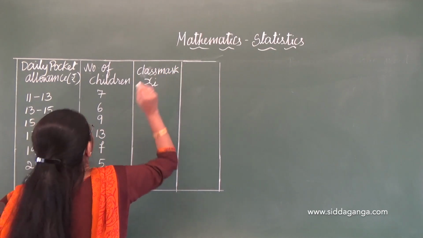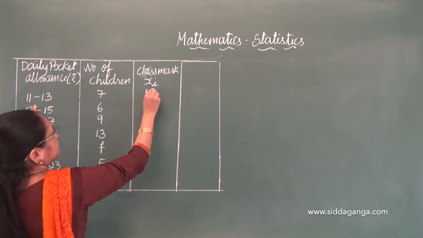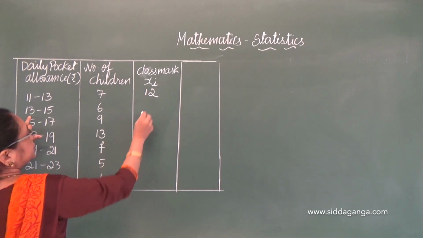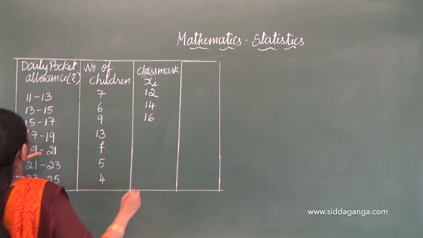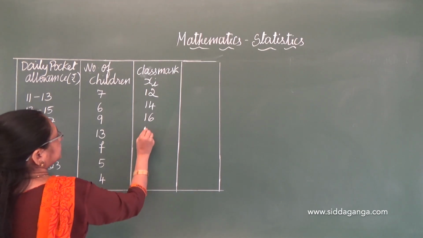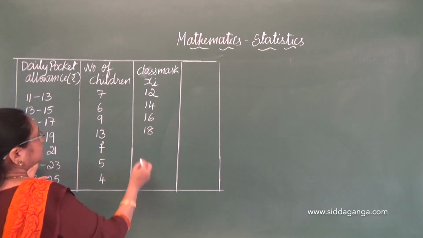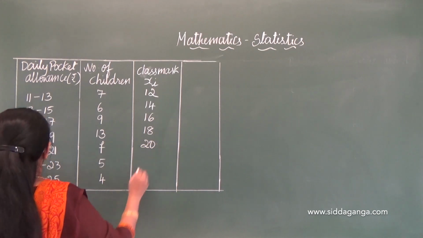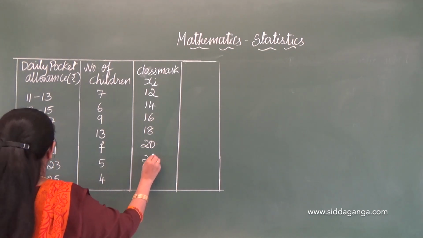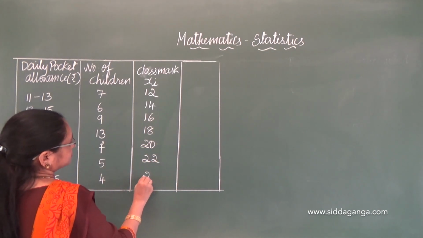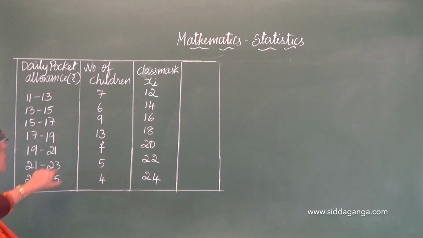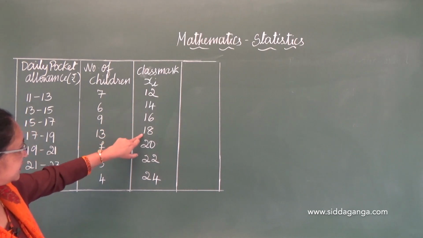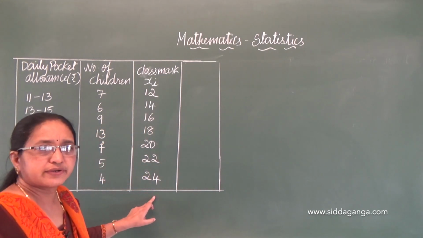xi: 12, 14, 16, 18, 20, 22, 24. Check once again: 12, 14, 16, 18, 20, 22 and 24.